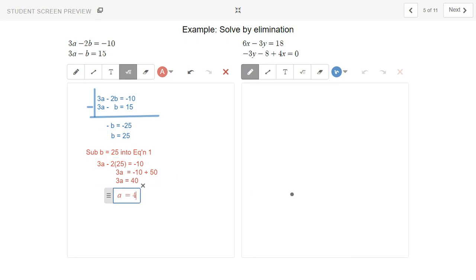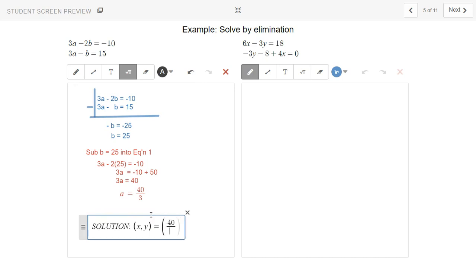A is equal to 40 over 3. We have our solution of a and b as 40 over 3 and 25.